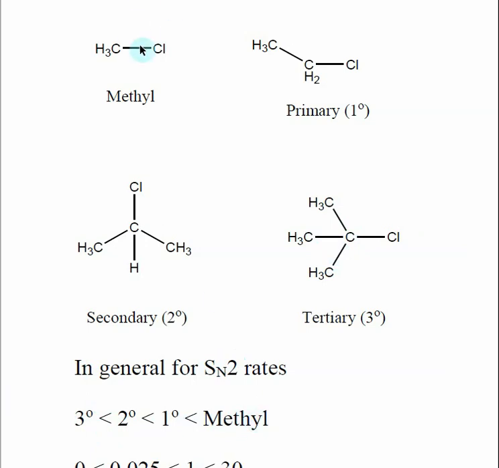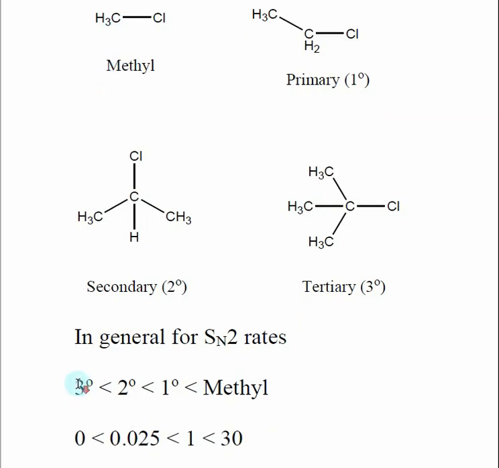Likewise, on the other end, with the methyl halogen, when we form the transition state, these three CH bonds are in the same plane. Hydrogen is the smallest thing that we can have, and so the transition state is going to be relatively more stable.